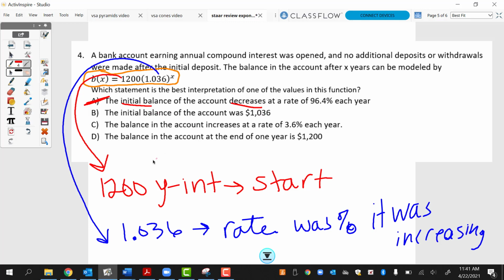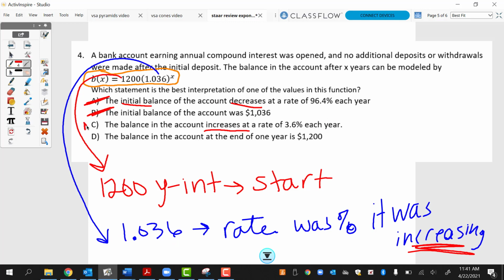No. The starting we said was 1,200, so that's a no. C, the balance in the account increases at a rate of 3.6% each year. Increases. It does increase. Yes. Okay. Well, that's a maybe.